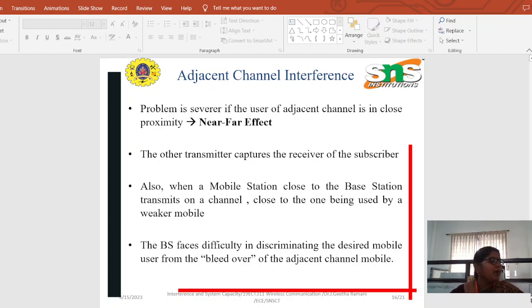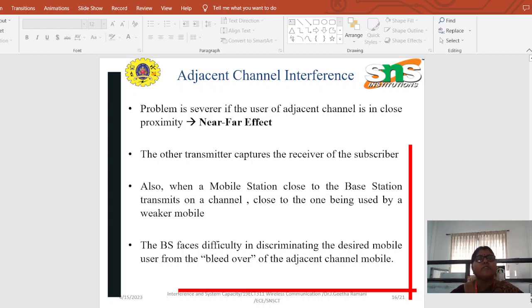So here the problem is called the near far effect. The other transmitter captures the receiver of the expected subscriber. So instead of the expected subscriber, another transmitter will capture the signal quality. That is called the near far effect.